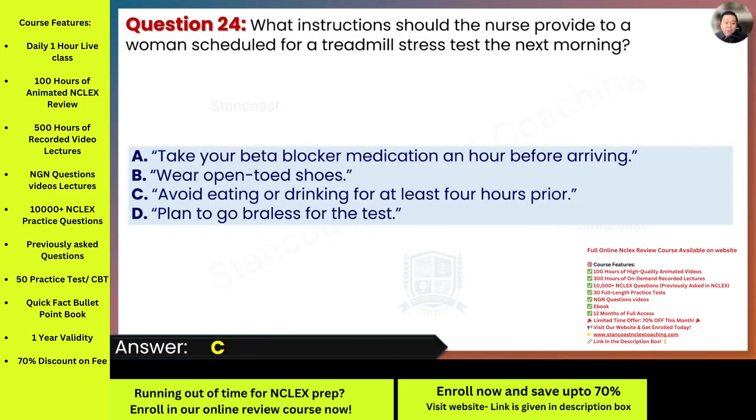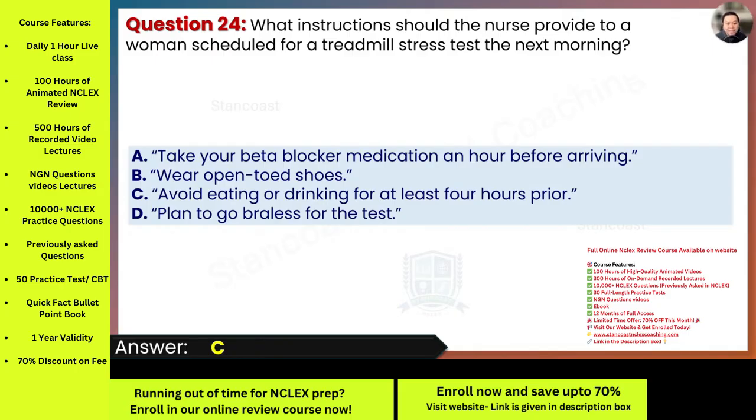And so clients are typically instructed to hold their beta blocker medication before the test, unless the healthcare provider has specifically instructed otherwise. So it is an important clue that helps eliminate this choice.